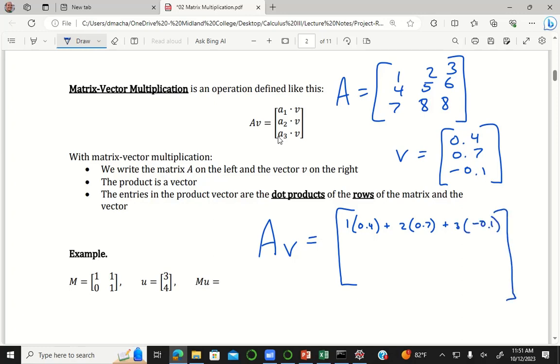And that's just one entry in a vector. The second entry of the vector is going to be 4 times 0.4 plus 5 times 0.7 plus 6 times negative 0.1. And you can guess what the third entry is going to be. But you take the dot product between the rows of the matrix and the vector. And each one of those dot products becomes an entry in the product vector.